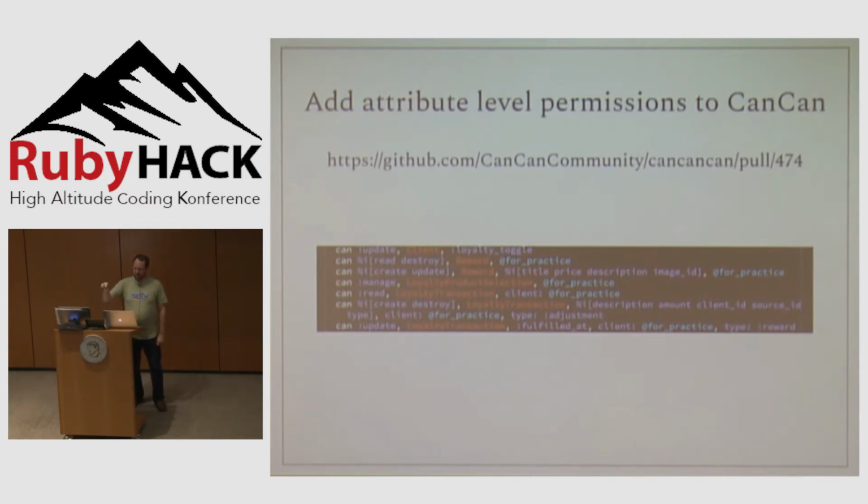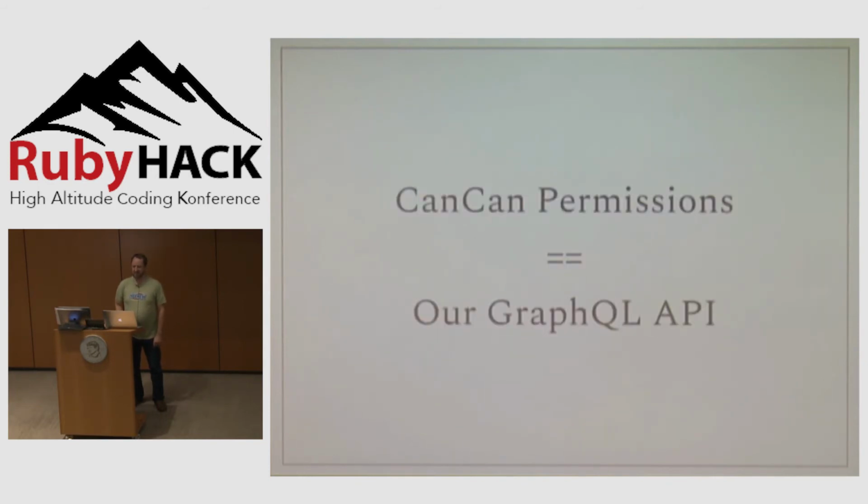But it lets me do field level permissions. Like you can see here, the reward you can only create with title, price. And so in the end, the hook is that anything now that I put in my can permissions immediately just becomes my GraphQL API, and no steps or code in between.